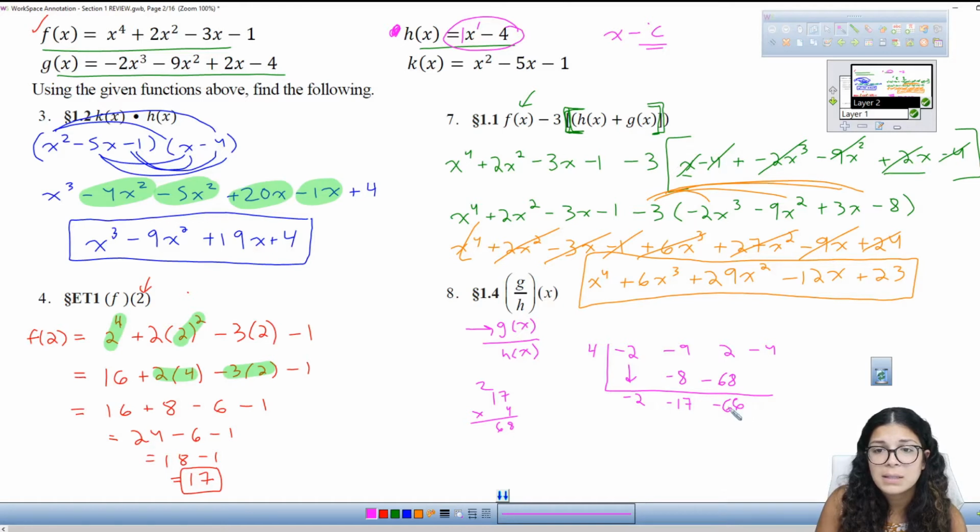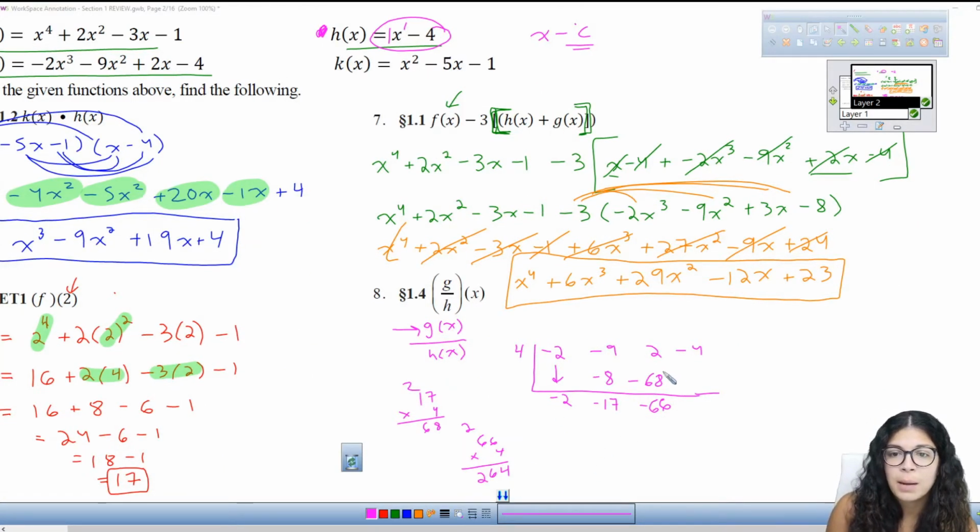And then negative 66 times 4, again, I'll do this math on the side. 4 times 6 is 24, plus 2 is 26. 264, right? We did negative 66 by positive 4. So that is a negative 264. So negative 4 plus negative 264 is negative 268.